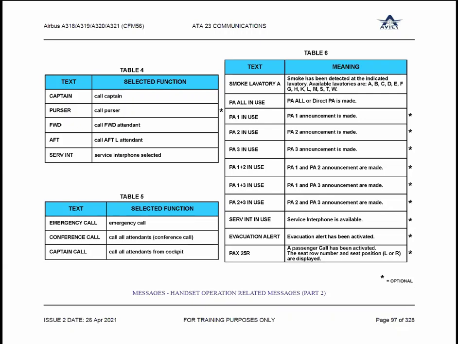Earlier it is a single chime, now it is 3 chimes. It is just to exaggerate the priority, that they have to call him immediately without any delay. And any one of the cabin crew can make the call. Is that clear?